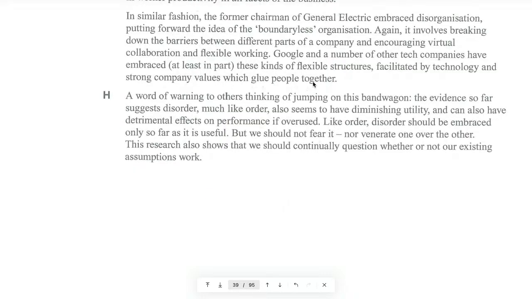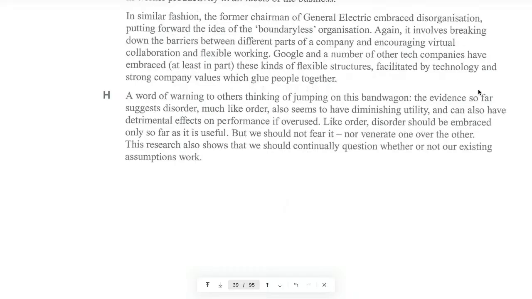That means that none of them can be the perfect solution for everything. That means that yes, you can apply this approach, but only to a certain point. Don't overuse it. If you overuse it, then you may see some kind of detrimental effects. That means some negative effects.